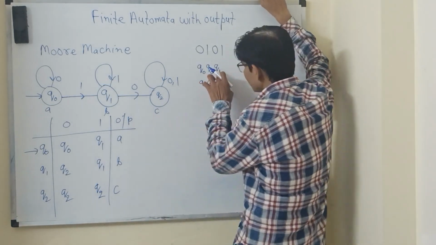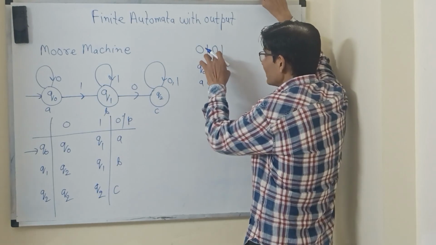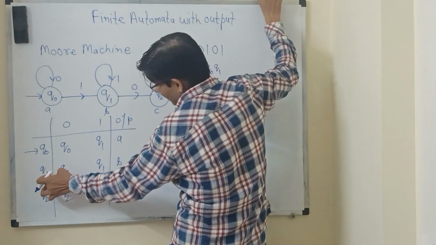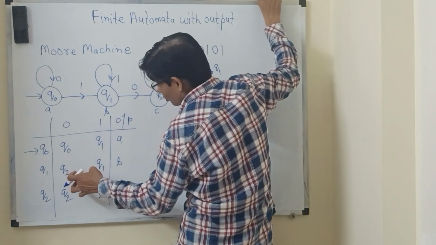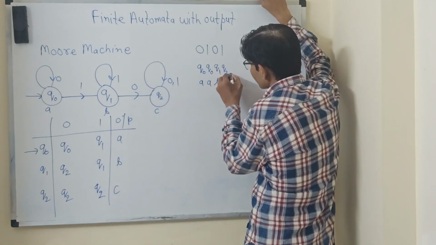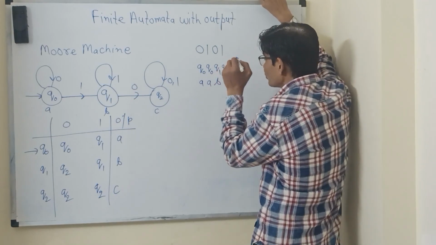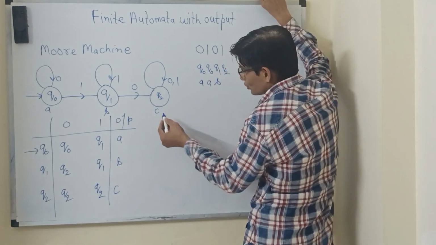Now we are on q1 and we are reading 0, so we will move to q2. Then it will generate the output symbol associated with q2, which is c.